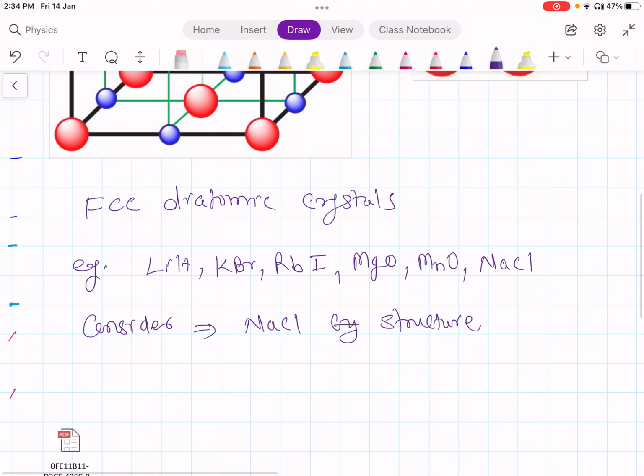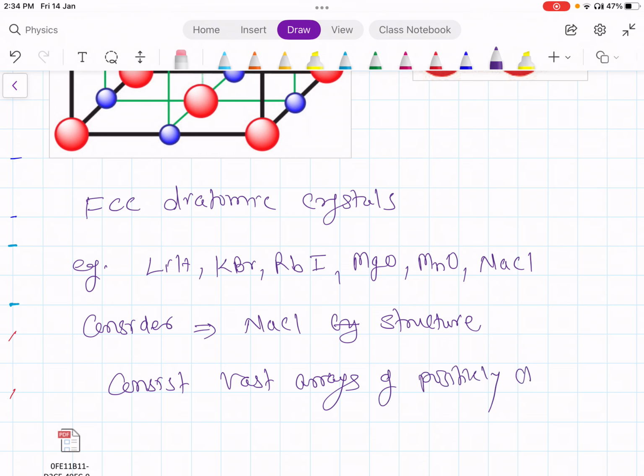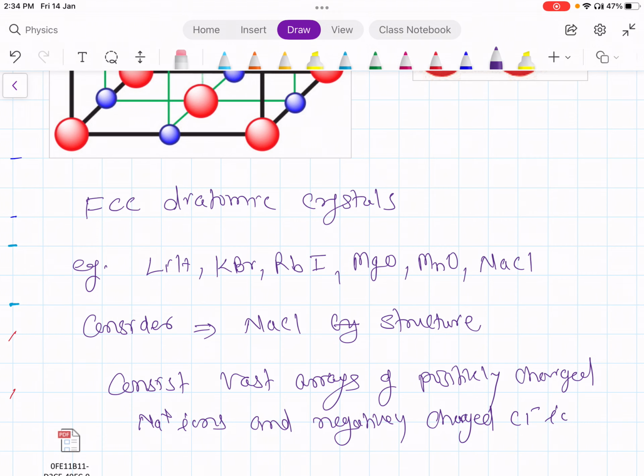This NaCl structure consists of vast arrays of positively charged sodium ions and negatively charged chlorine ions.